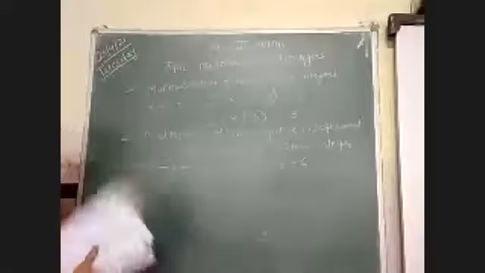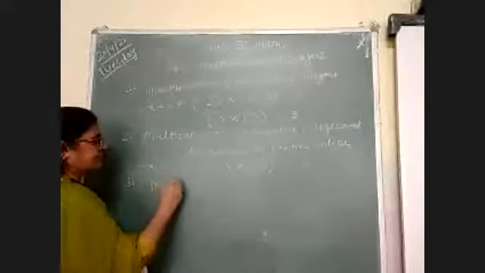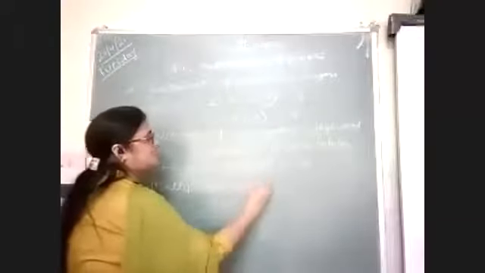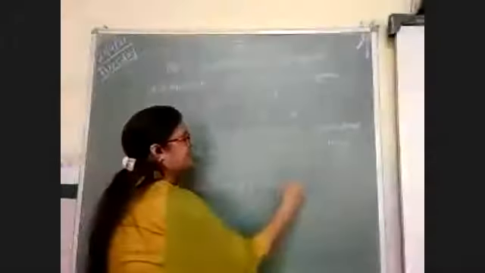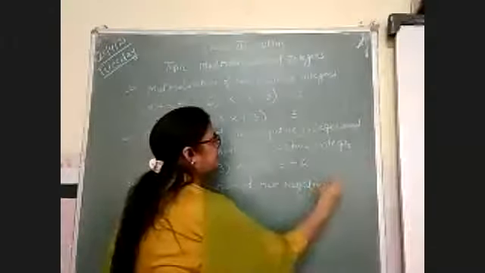The third case is multiplication of two negative integers. Both are negative.